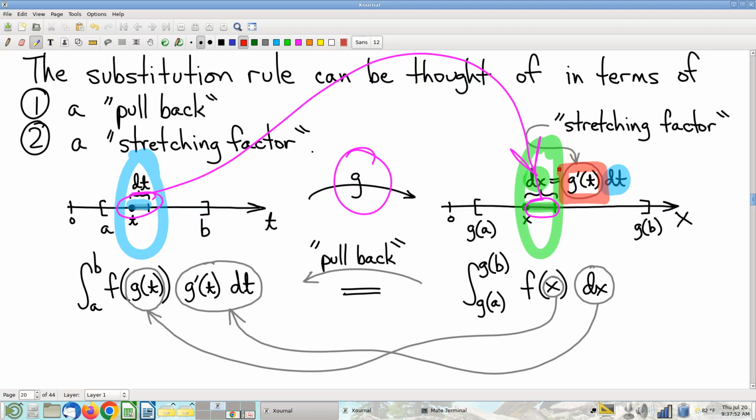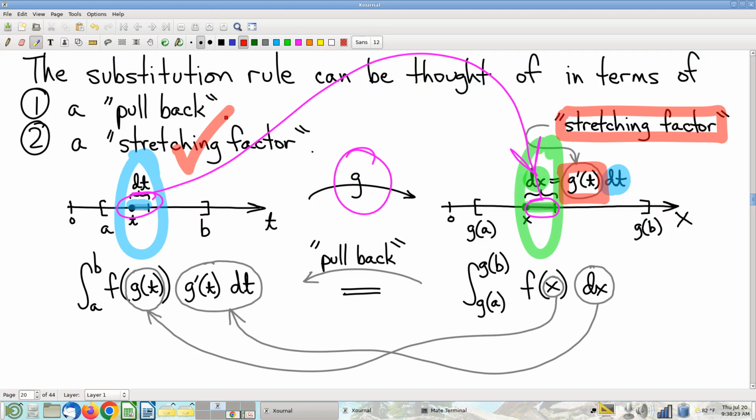So this g prime is, we're taking that small blue interval and we're stretching it out, it turns into this larger green interval here, and g prime is the factor by which its size got stretched. So we call that a stretching factor. So, different point of view. Again, you probably haven't thought of it this way before. That's okay. But this is the take on the substitution rule that's going to allow us to generalize.